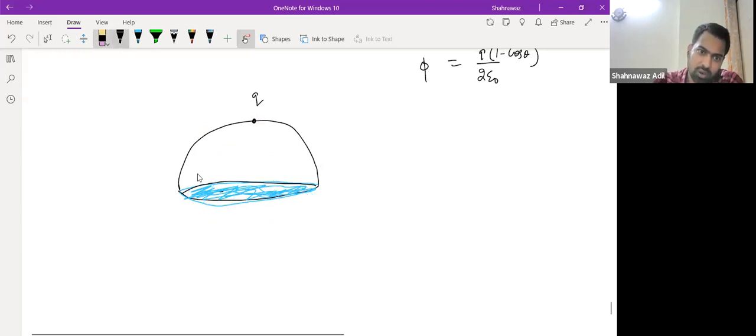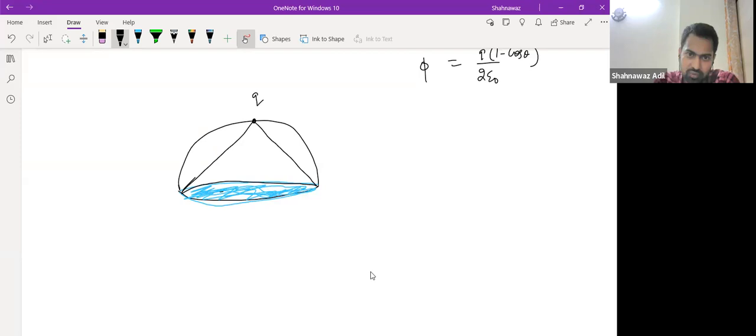So now let us draw the conical figure. This would be the conical figure, and this will incorporate this whole base. Is that clear, guys?